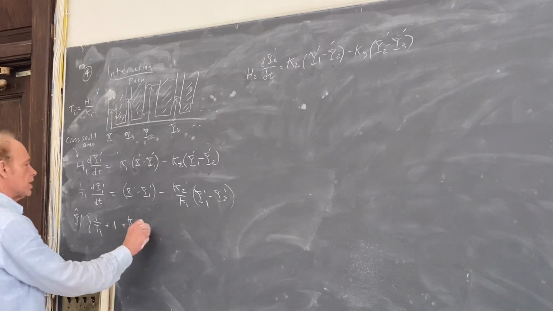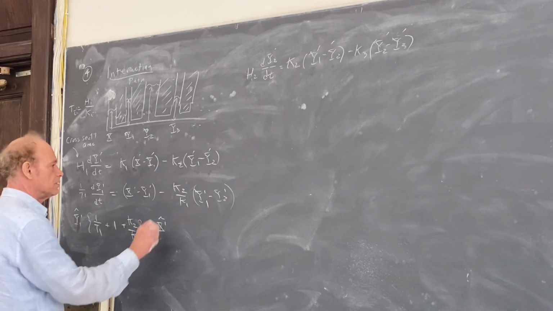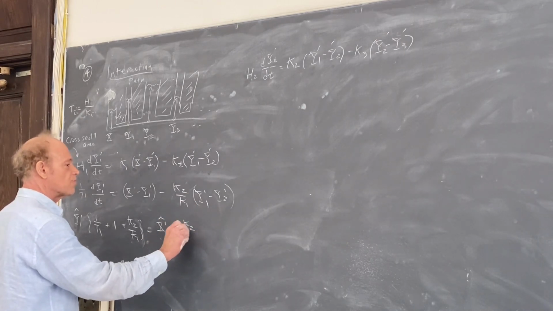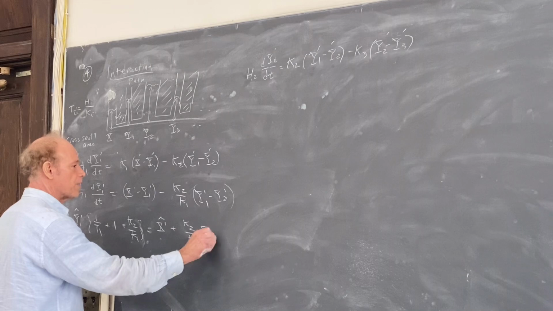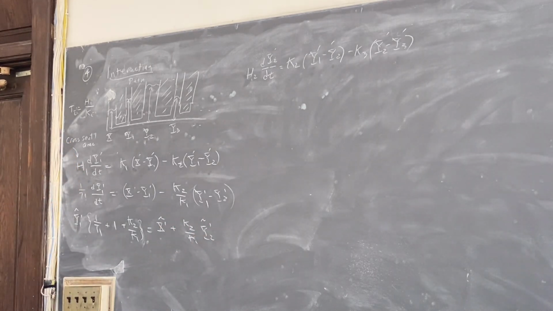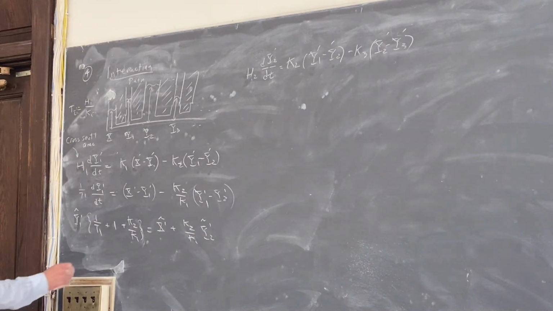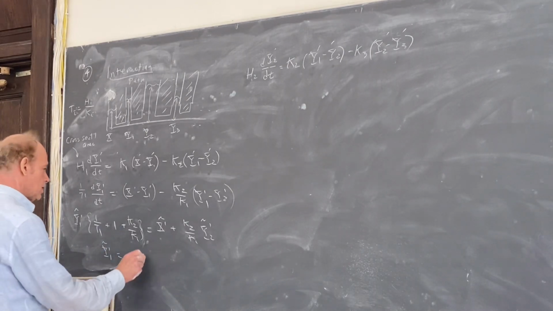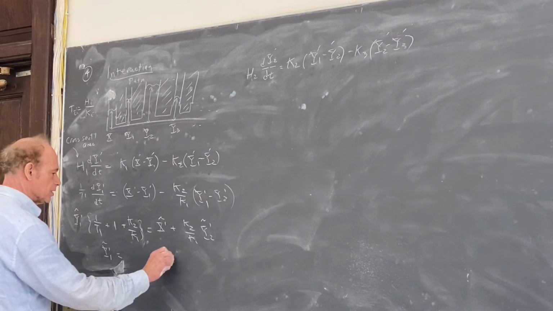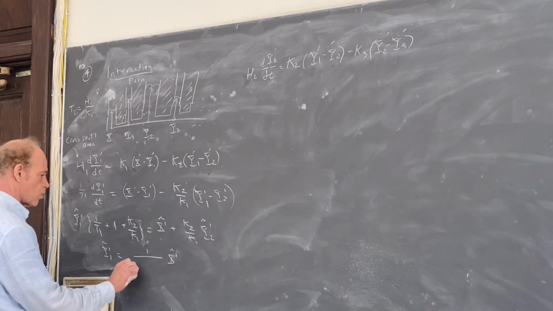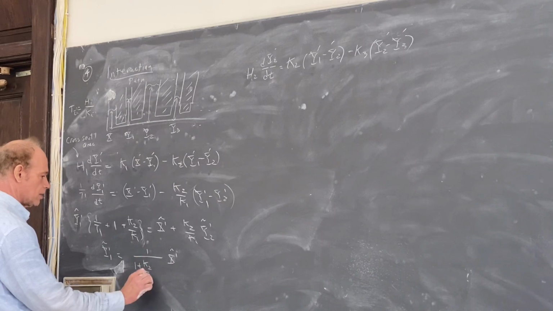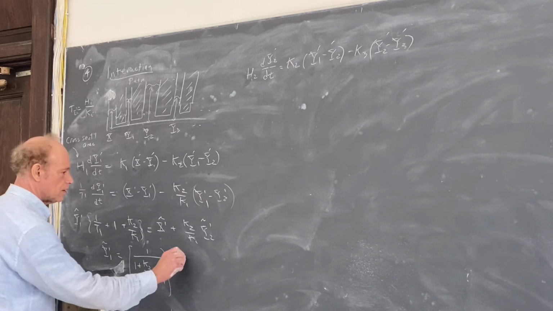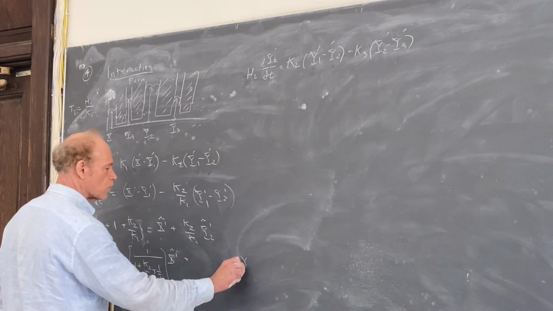And what's left on the other side? On the other side, I've got x prime tilde plus k2 over k1 y2 prime tilde. So I have y1 prime tilde equal to x prime tilde times 1 over (1 plus k2 over k1 plus 1 over t1), plus something times y2 prime tilde.